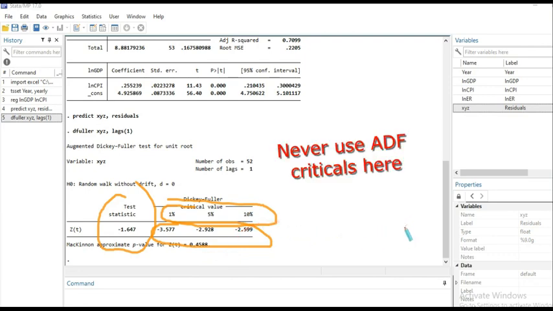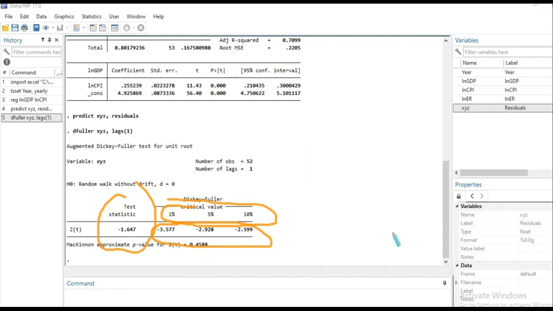But as we said in our last discussion, do not use the traditional critical values that are reported by the augmented Dickey-Fuller, because here we are testing the predicted residuals and not the actual variables. Therefore, we need to use instead the critical values that are appropriate for the co-integration test, reported by the Engle and Granger approach.